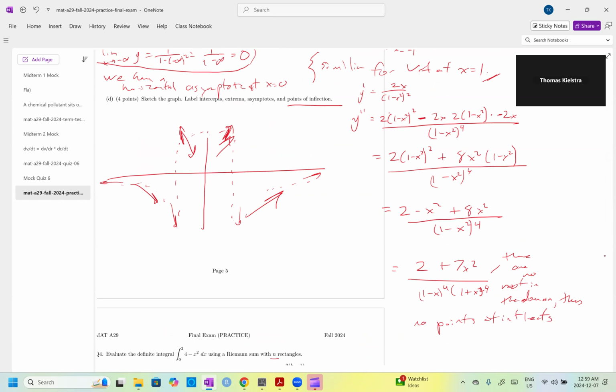What are the roots? The roots are -1 and 1. We can construct a sign chart about these roots, -1, 1. We have 2 plus 7x squared, (1 minus x) to the 4, and (1 plus x) to the 4. Or sorry, (1 minus x) to the 3, (1 plus x) to the 3.